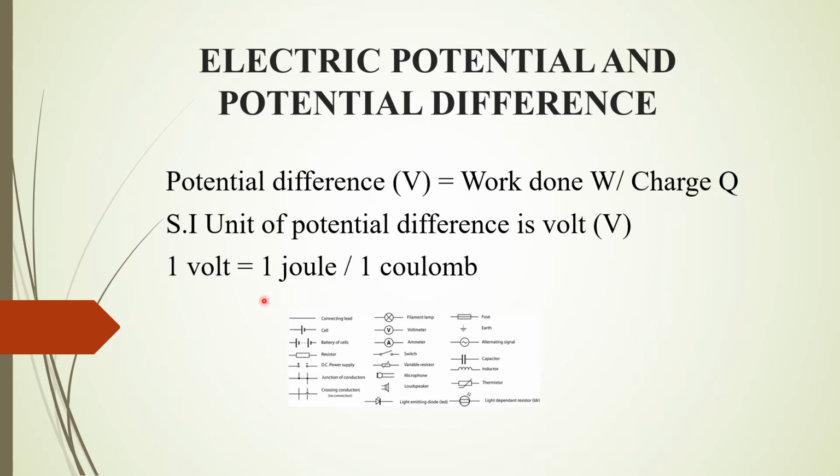So 1 volt is the potential difference between 2 points in a current carrying conductor when 1 joule of work is done to move a charge of 1 coulomb from one point to another point. This is the basic thing we should remember, and in this way we calculate the potential difference.